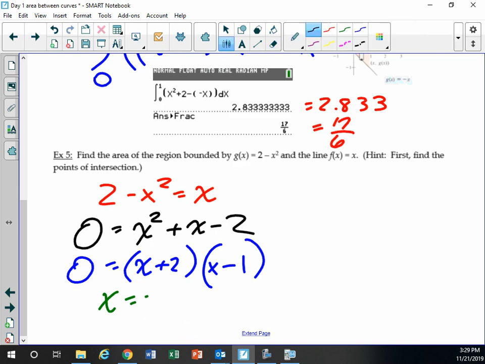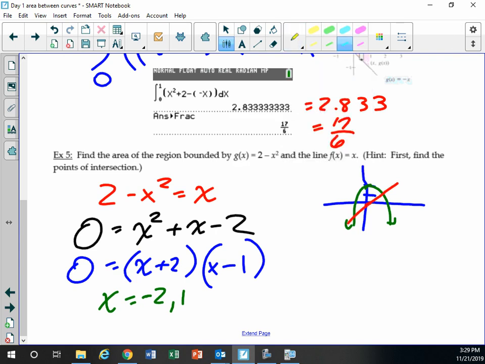And now my question is, which one's on top? Literally, you just need to do a quick sketch of where things are located. 2 minus x squared is an upside down parabola. Y equals x goes through the origin something like this. And ladies and gentlemen, as a quick sketch, it does not have to be exact, but oh look, the top is 2 minus x squared, and the bottom is f of x.